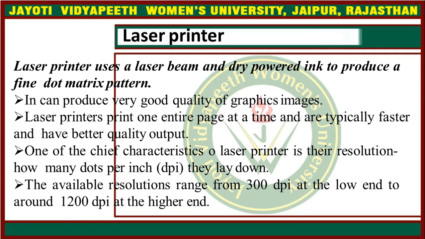One of the chief characteristics of laser printers is their resolution: how many dots per inch, called DPI, they lay down. The available resolutions run from 300 dpi at the low end to around 1200 dpi at the higher end.